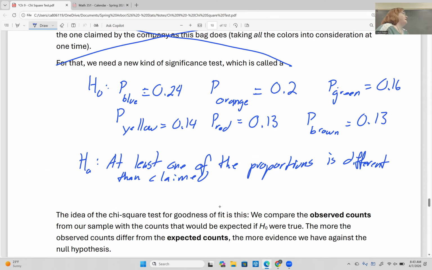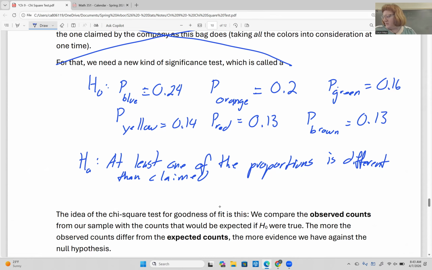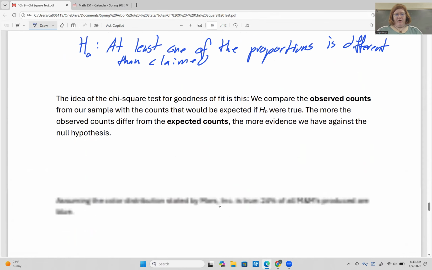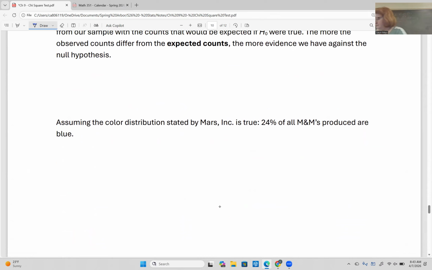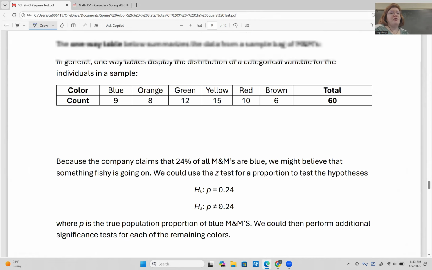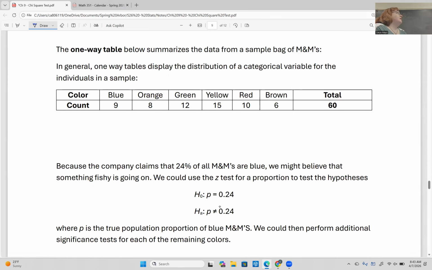What also is different here is a little bit of our expected calculation. Because our expected calculation is not just going to straight up be row times column total divided by the overall total, because our column total isn't very helpful.